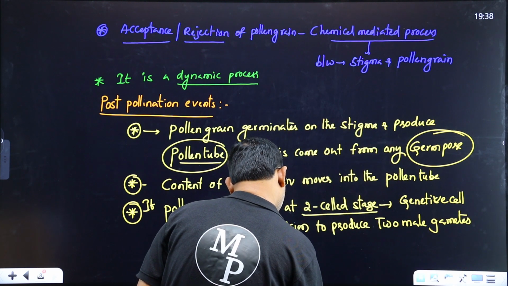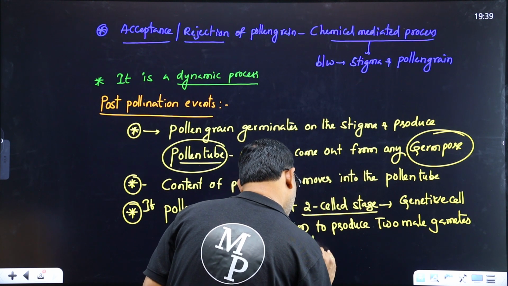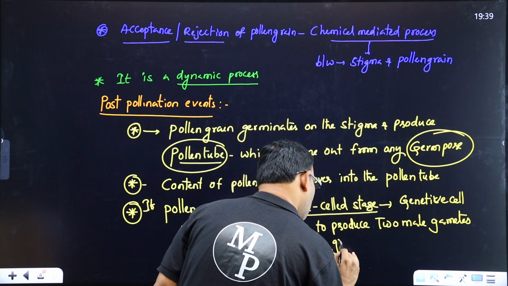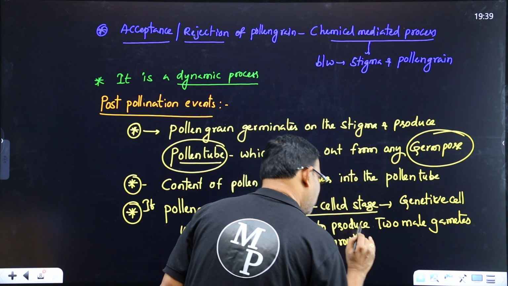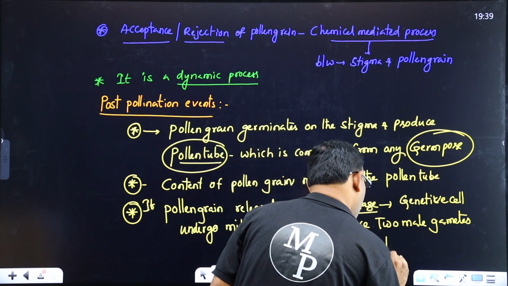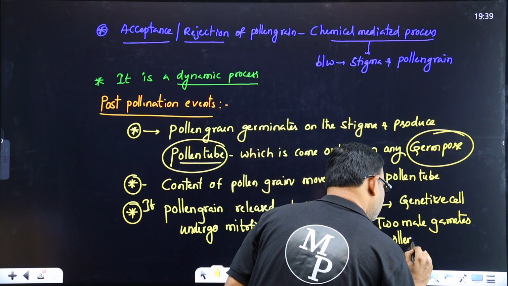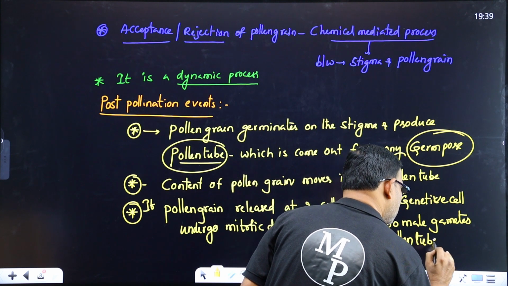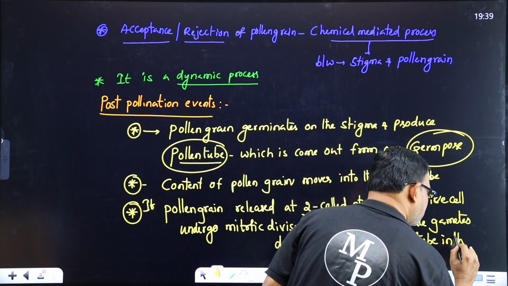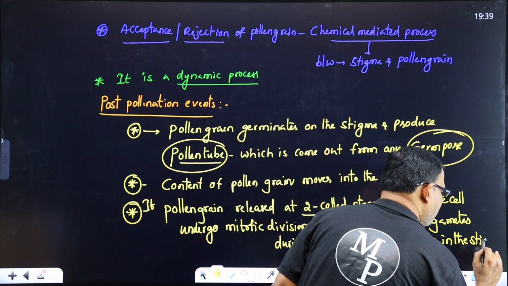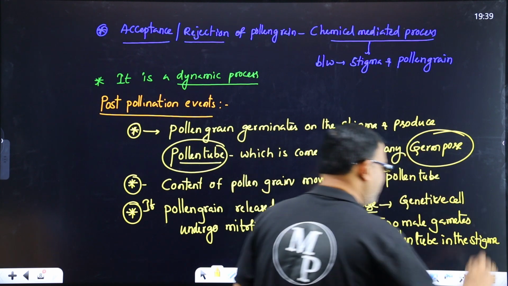During the growth of the pollen tube in the stigma. This is very, very important.